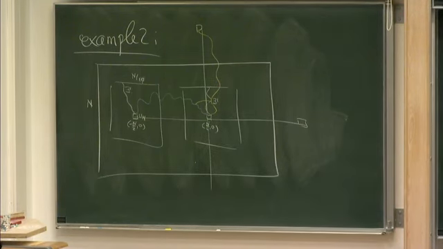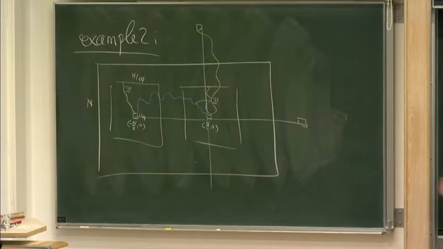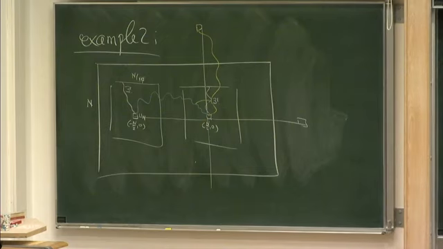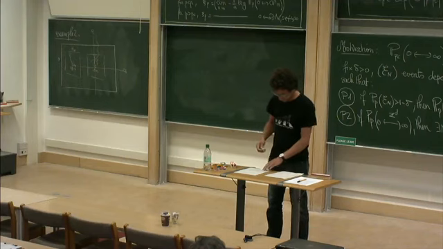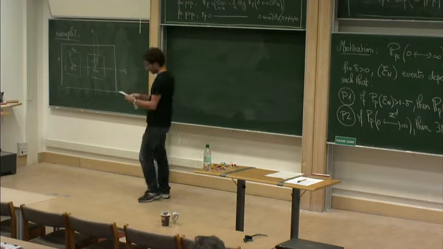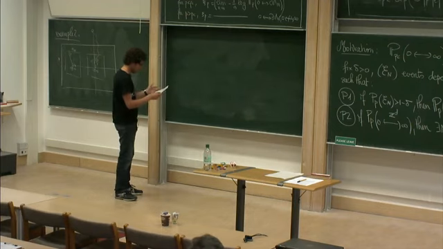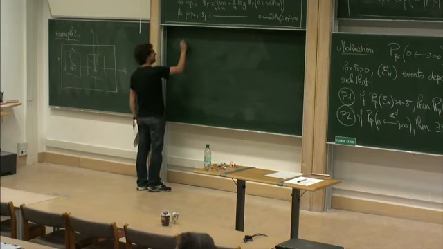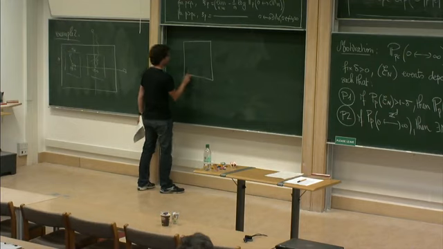So in these two examples, P2 is difficult to prove, P1 is easy. Okay, let's try to find a trivial example of the opposite, where P1 is difficult to prove and P2 is easy.